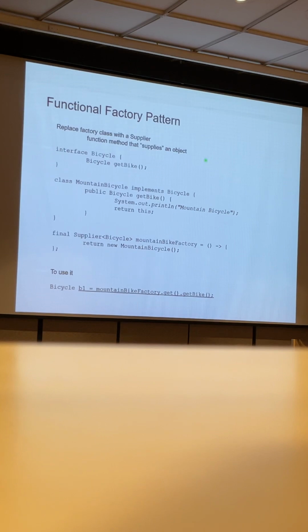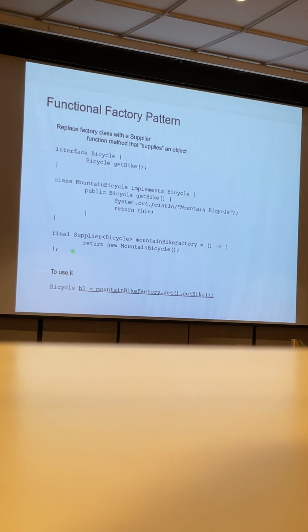We could replace the factory class with a supplier, a function that supplies an object. So our bicycle can now be turned into an interface, with a get bike method that serves as a factory method. And then we can have subtypes of bicycle where get bike is overridden.